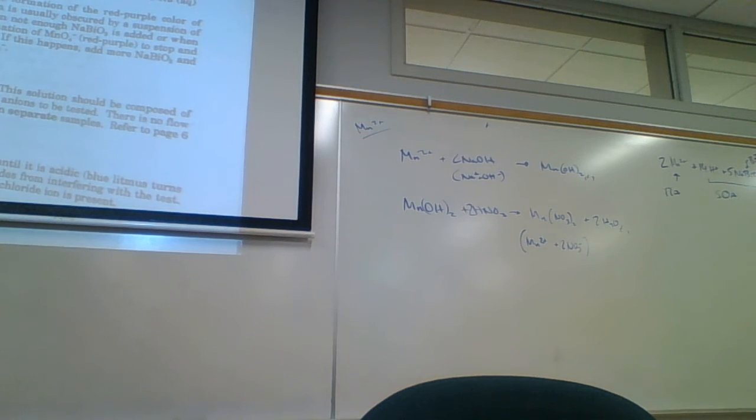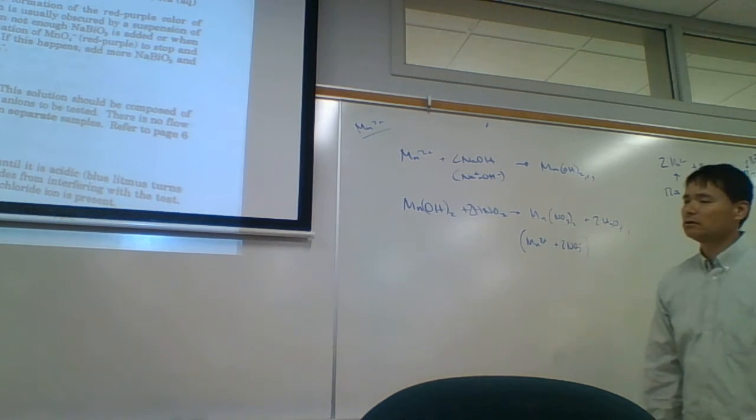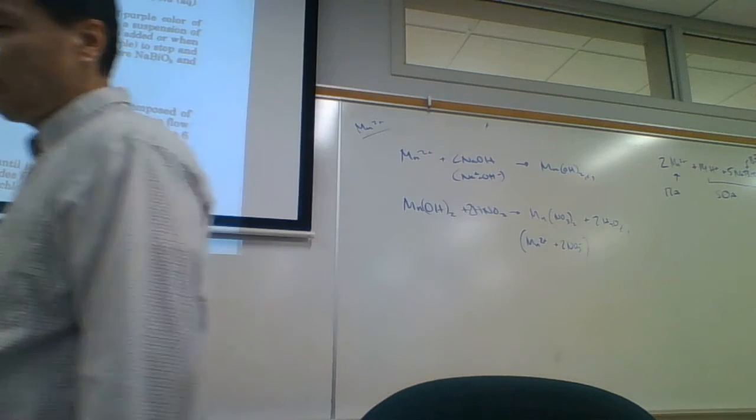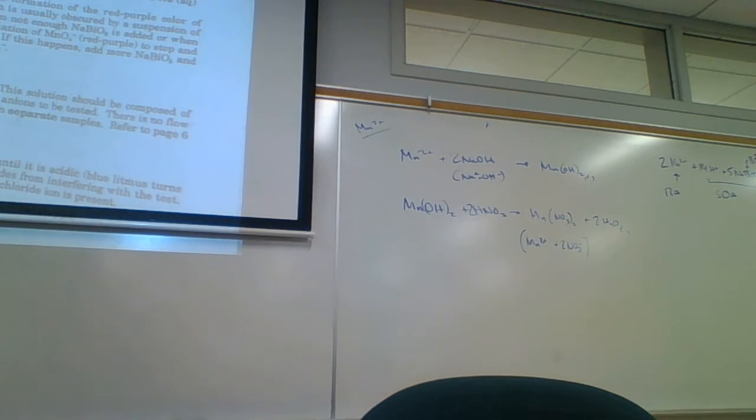Bismuth 5 is going to go to bismuth 3, so each bismuth gains 2 electrons. This is going to take them from manganese, because manganese goes from +2 to, what is manganese in permanganate? Manganese in permanganate is +7. So this is the reaction.